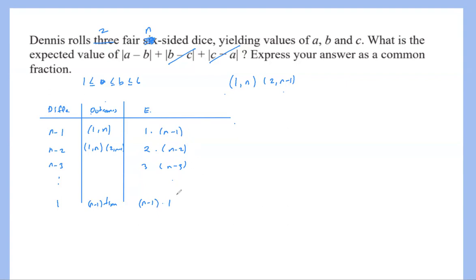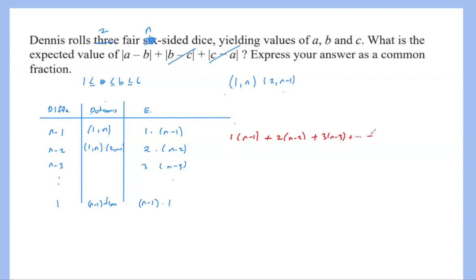Okay, it does not look fun so far, right? So maybe we can try adding these guys. If I rewrite it a bit differently, the first thing I can do is 1 times n minus 1, plus 2 times n minus 2, and then 3 times n minus 3.